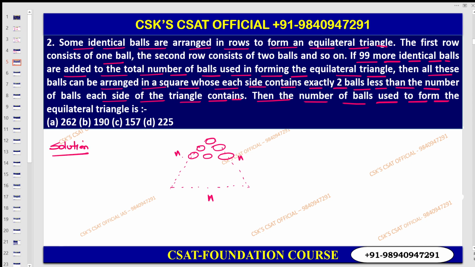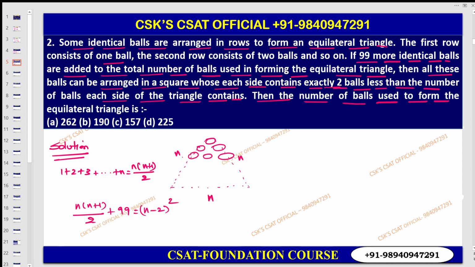Just now I have shown that 1 plus 2 plus 3 plus and so on up to n is equal to n into n plus 1 by 2. So this summation of balls added with 99 balls, then all these balls can be arranged in a square whose each side is 2 less, that is n minus 2 the whole square.